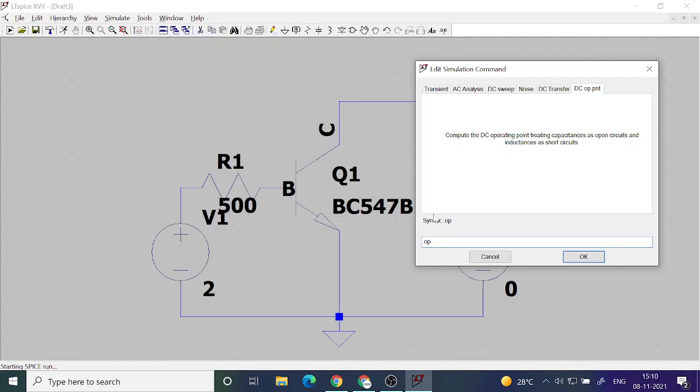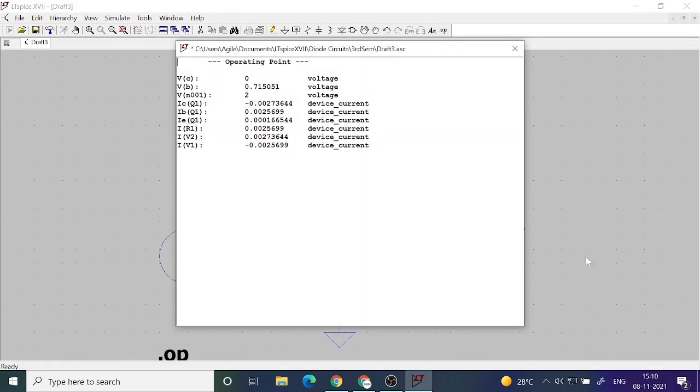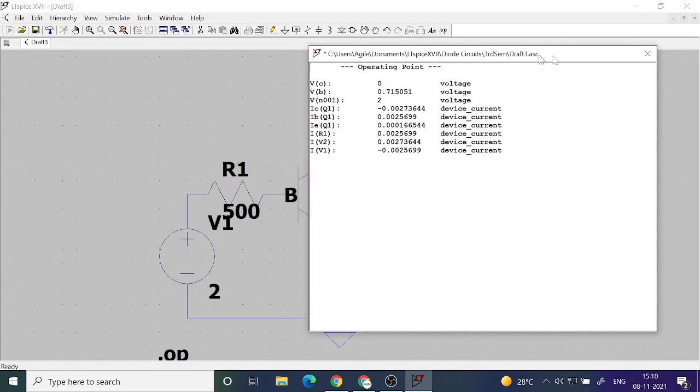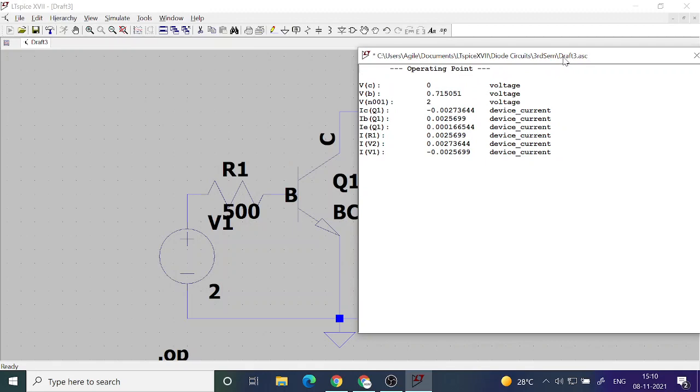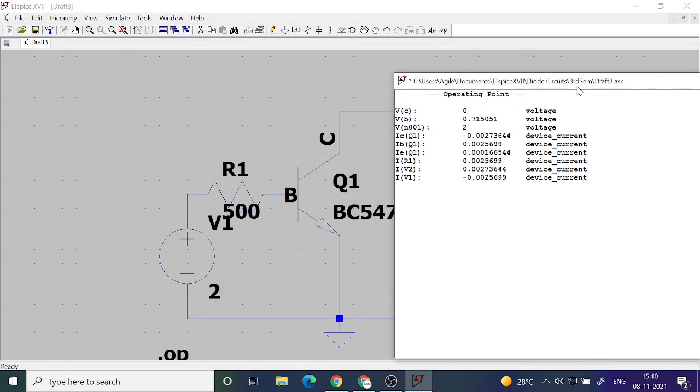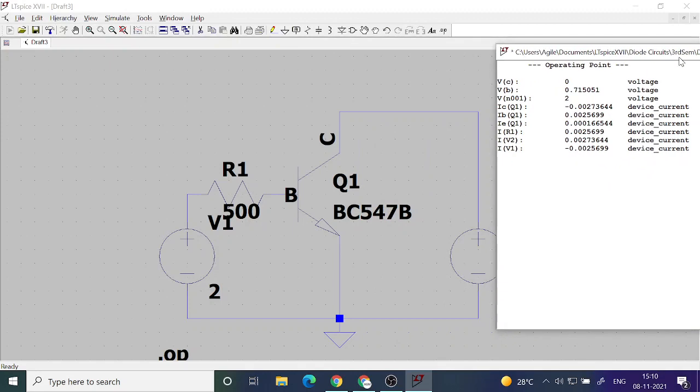So the command is .op. You just give it and it will give you the list of voltages and currents for this particular device. You can see here I have given the label B and C, so you can identify which voltage.